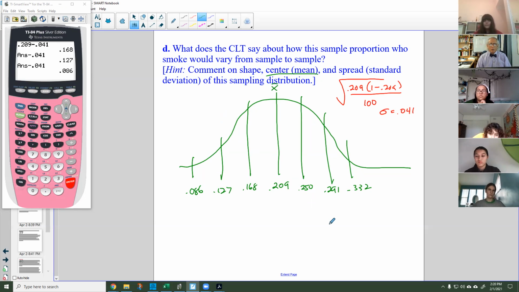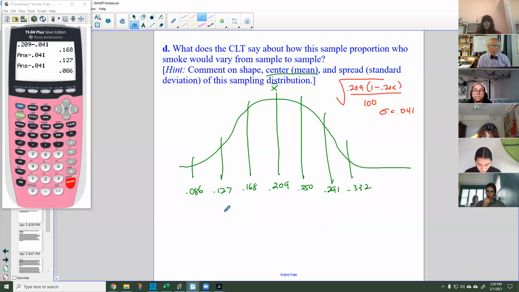Okay, now what do I label the x-axis on this diagram right here? Emily, what do I label the x-axis? Would it be the proportion of Americans who smoke regularly?